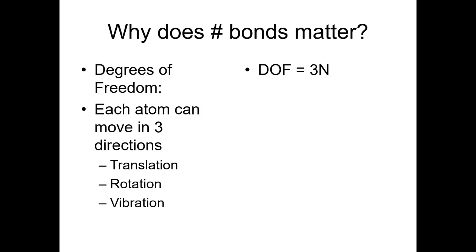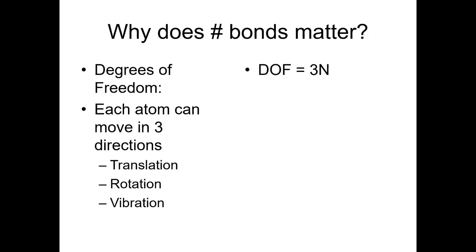So if all of the atoms are moving in one direction, let's say they're all moving to the left, then really the whole molecule is moving to the left. And so we call that a translation. If we're just moving the whole molecule, that's a translation, and it doesn't really take infrared light or visible light to cause that to happen.